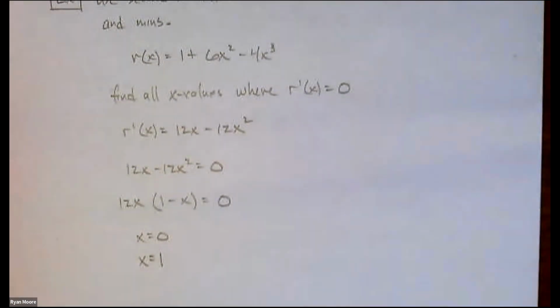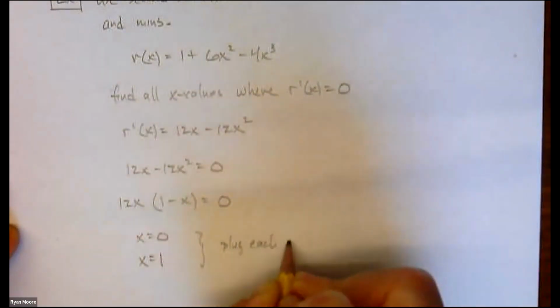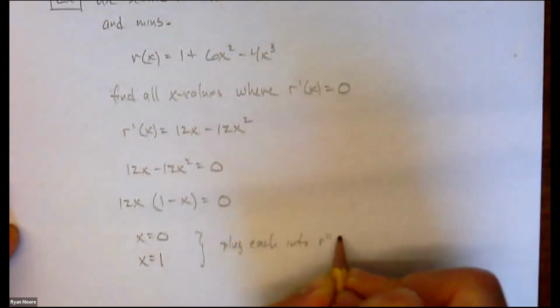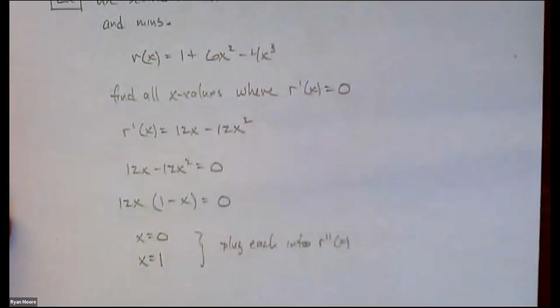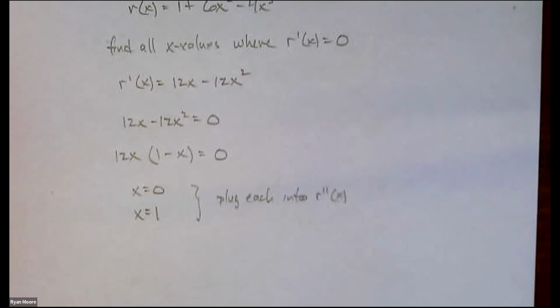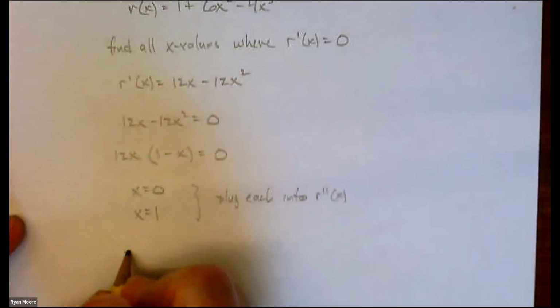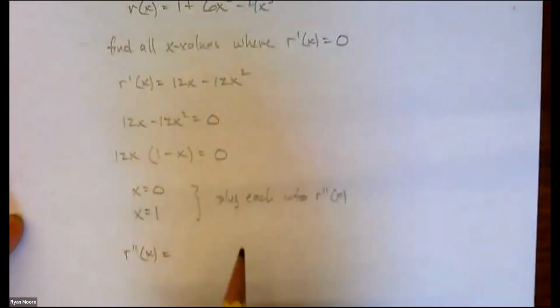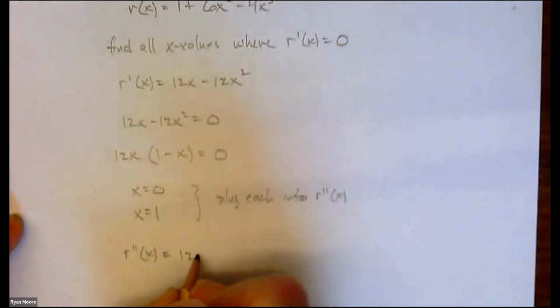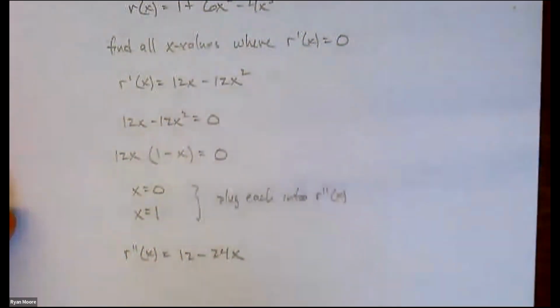If it's concave up and the first derivative is 0, you can figure it out. Plug each into r double prime of x. Well, we need to know what r double prime is. No problem, looking back, that's 12 minus 24x.